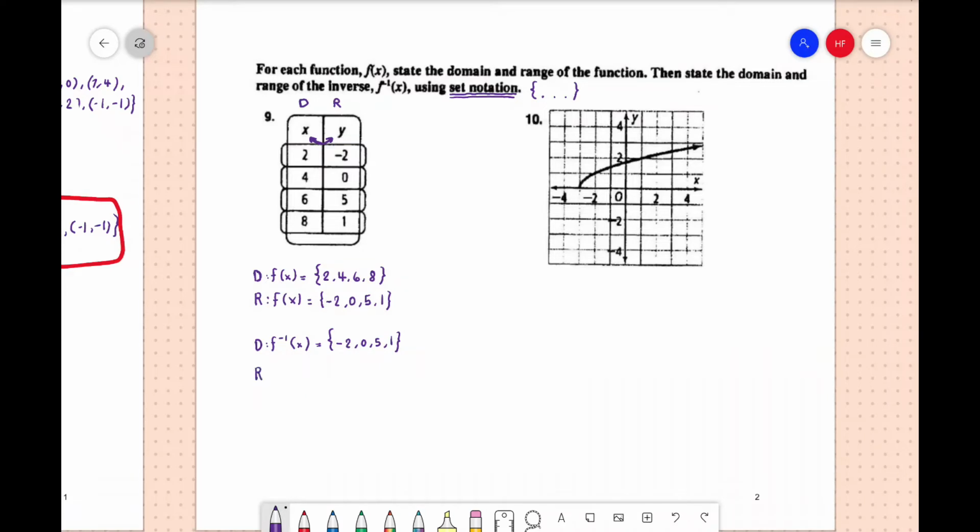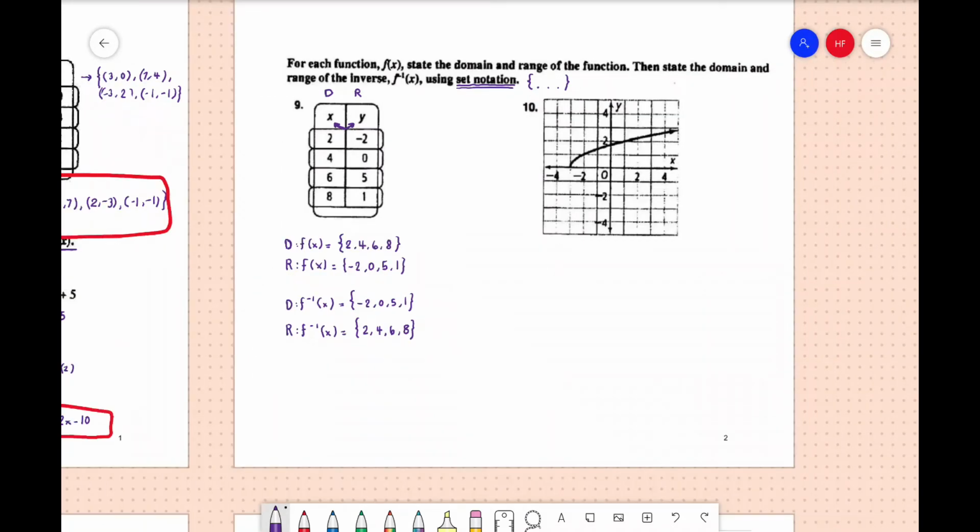The range of my inverse will be my x values. So the range will be 2, 4, 6, and 8. So when we're finding the domain and the range of our inverse, we're going to switch between what we had before. So the domain becomes the range becomes the domain.